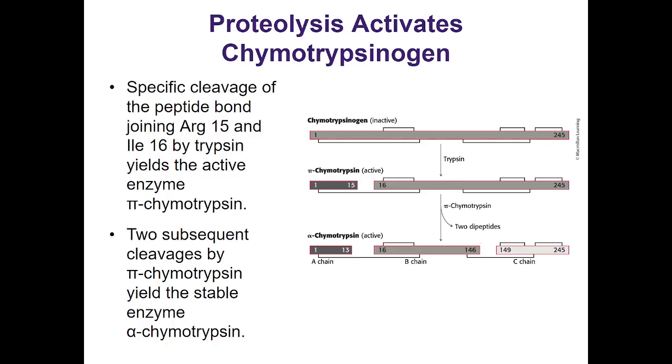Not just cleave itself. Right. Did that make sense? Okay. And that's why we can get a zymogen burst, as it were, or an enzyme burst. We get a bunch of active enzyme all in one place, all at one time, and have really rapid digestion.